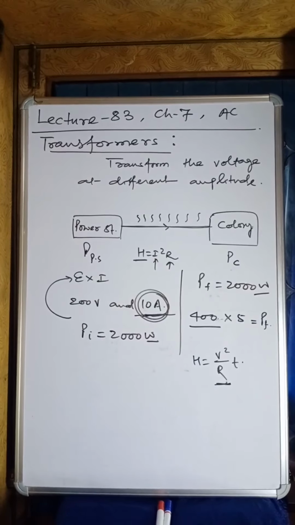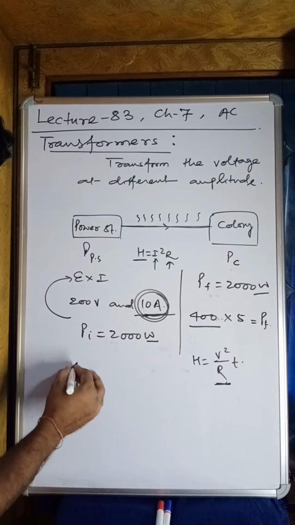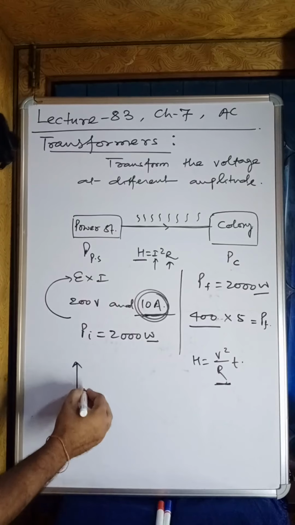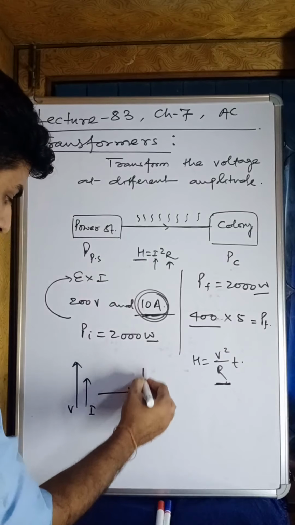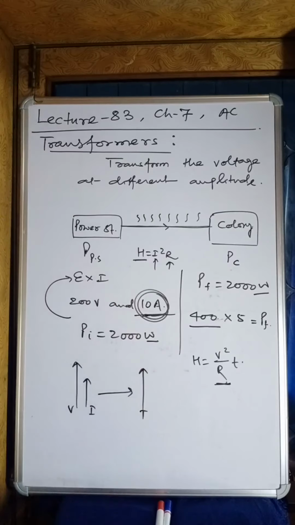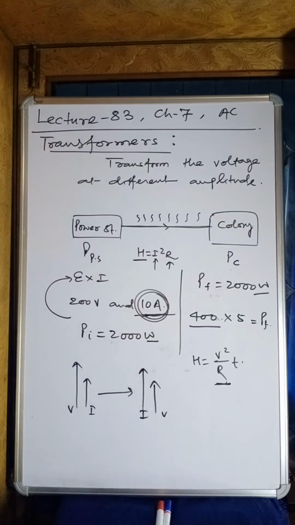So the overall conclusion from here, my dear students, is that high voltage and low current can be converted into high current and low voltage.